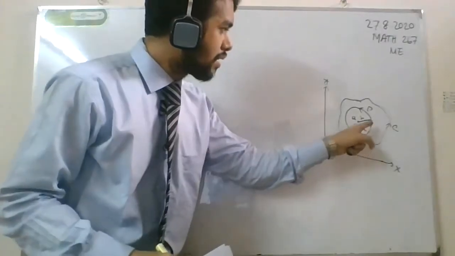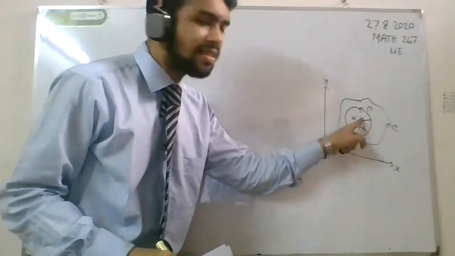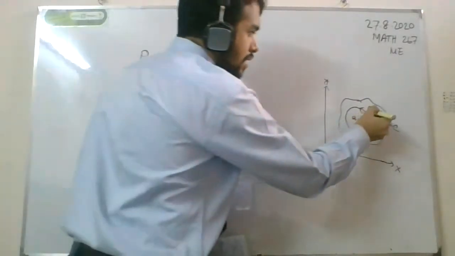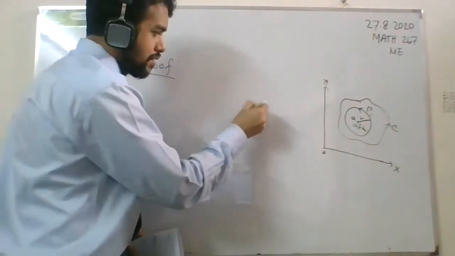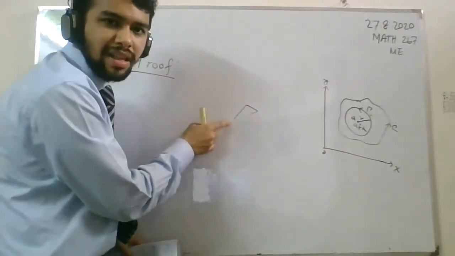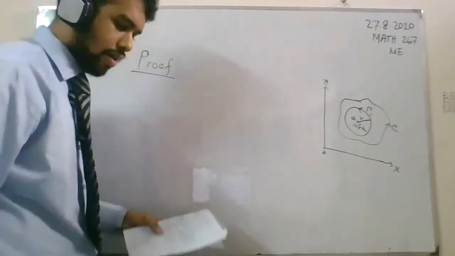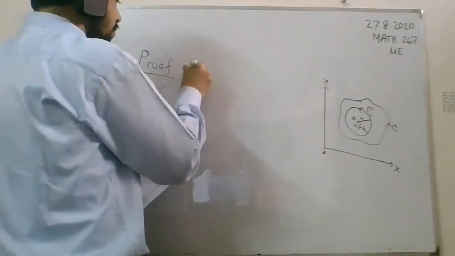This is R, the radius. The next one at the top of the inner circle is a circle denoted by this sign, known as gamma. Okay, sir. Now let me prove it.